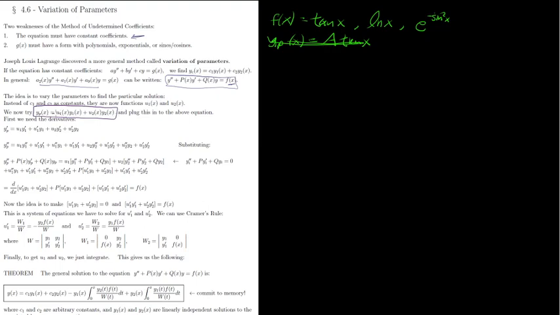Okay, so now when we plug this into this equation here, you have to take not just the first derivative, but the second derivative. And of course, that's going to be a little sticky because that involves the product rule. So we're going to dispense with writing the x. We know that u1 and y1, u2 and y2 are functions of x.